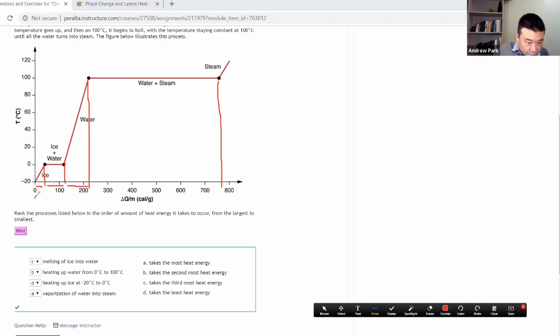This looks like about maybe 40 calories. And then going from here to here, that's probably about 80 calories. From here to there, it's 100. And then it takes way more energy. It takes more than 500 calories to evaporate all that water. Yeah, more than 500.